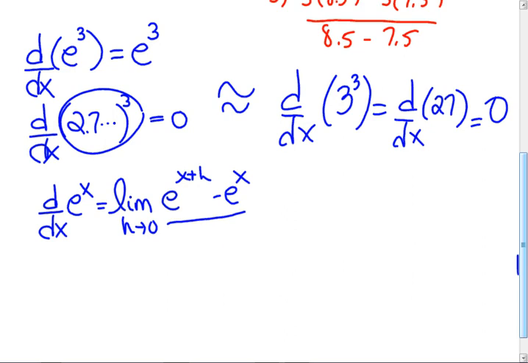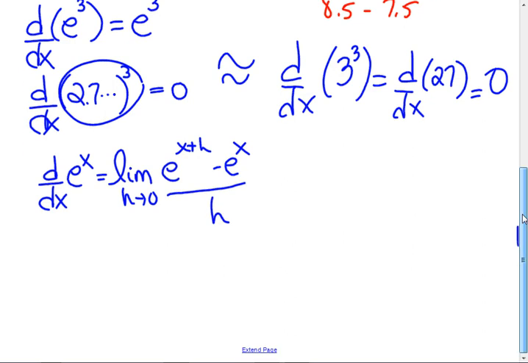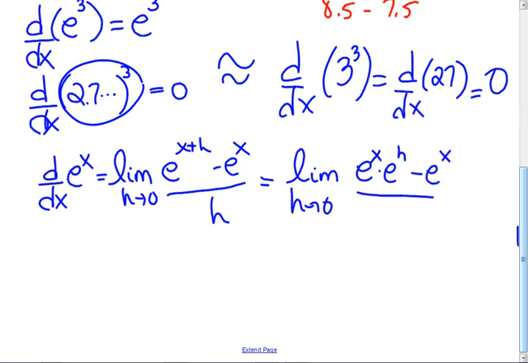I thought I did this with you guys. Maybe I didn't. Now, exponents. This is the same as this. This is e to the x times e to the h, and we're going to do that in BC Calc next year. You'll do a lot of stuff with exponents. If you have the same bases, what do you do with the exponents? You add them. So to go the other way, if you have them adding, you can make it a product.